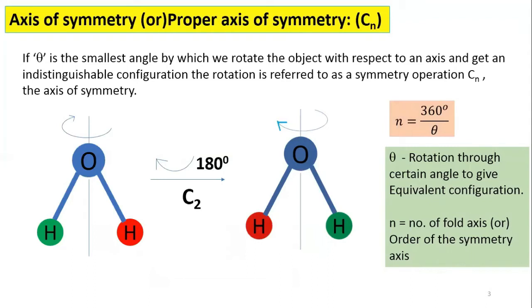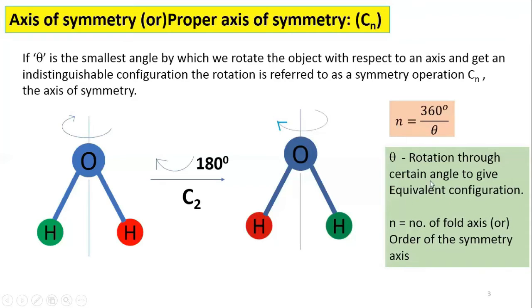A full circle leads to a configuration which is identical, so we have to do n rotations successively to get a full circle, and hence the subscript n. So n stands for 360 degrees divided by theta. What is n? It is the n-fold number of the axis, otherwise said to be the order of the symmetry axis.